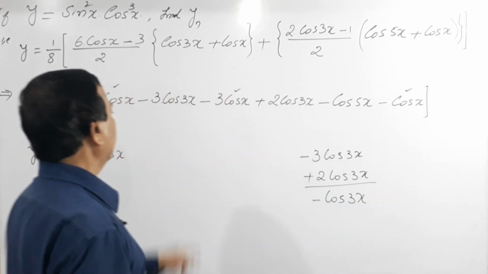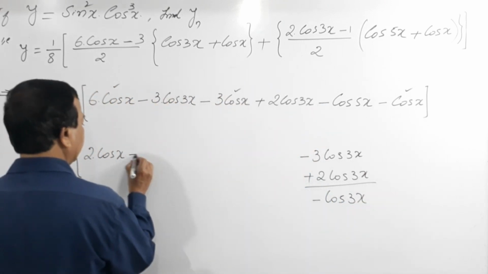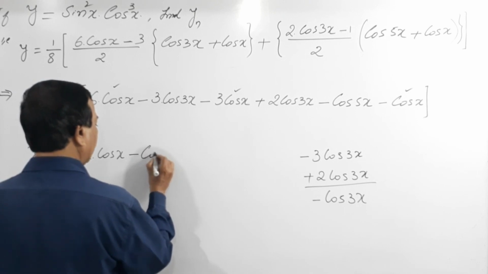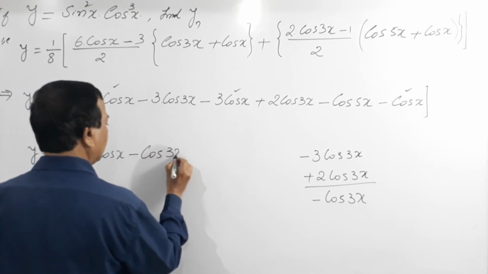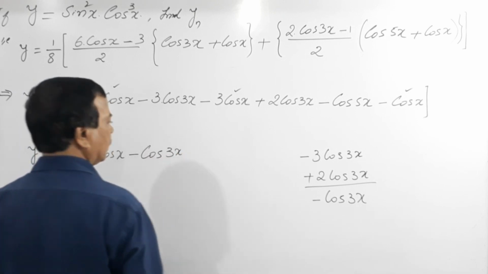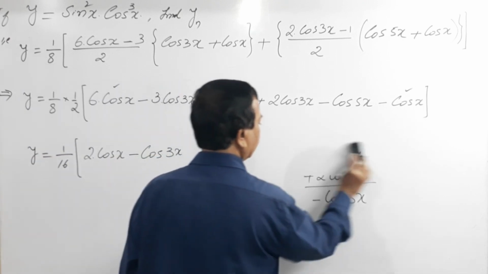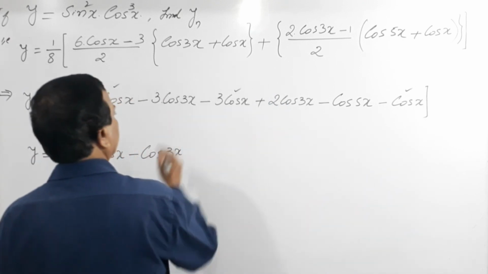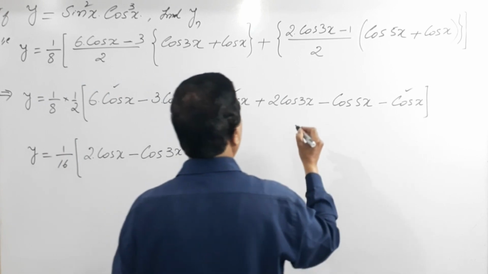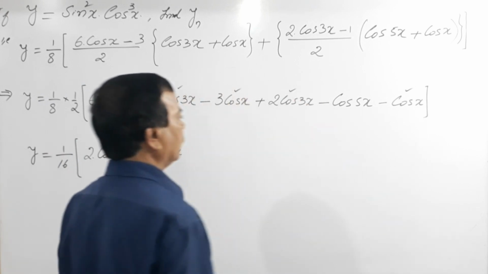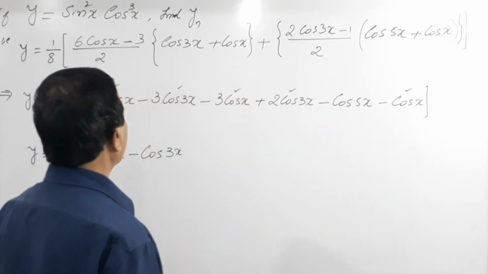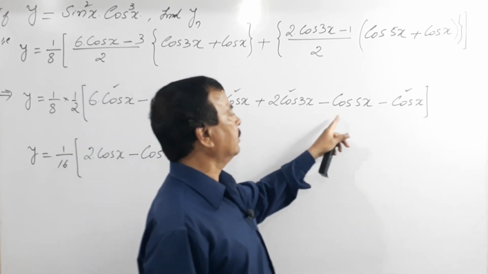So what will happen here? I substitute the value here. It becomes minus cos 3x. Out of this. So this is also over. This is over. So finally we are left with what? We are left with minus cos 5x.